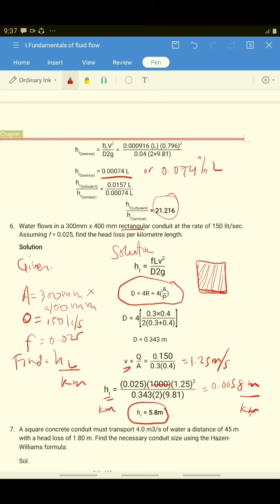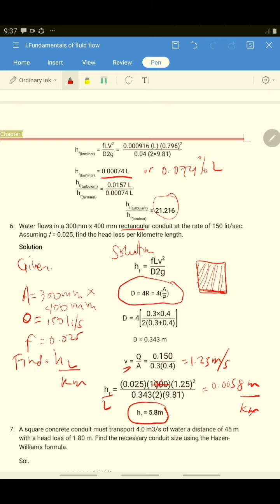So 0.025 times 1.25 squared divided by 0.343 divided by 2 divided by 9.81. That is equal to 0.0058045 meters. In that case, this will be meters per length if you will not include that one.